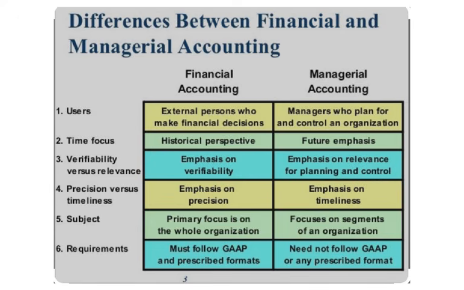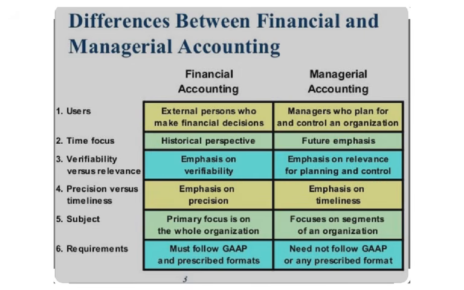Then the qualities. Financial accounting, you want to verify the information. That's your emphasis. In management accounting, your emphasis is on relevance for planning and control. So this is why I said you only use historical data when it's relevant.